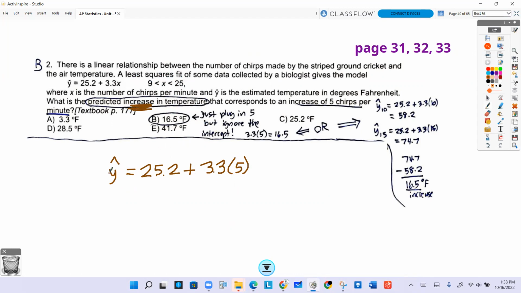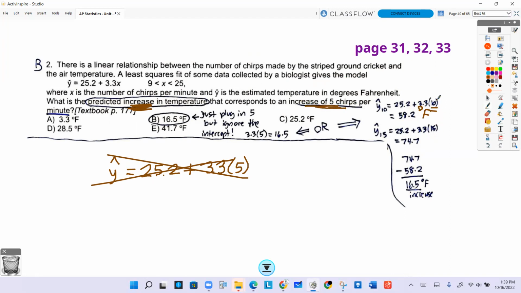In order to do that, I want to think about, all right, let's find a reasonable value to plug in. Let's say maybe 10. If I plug in 10, I'm going to get 58.2. So if I plug in 10 chirps, I get 58.2 degrees Fahrenheit, right? Now, if I increase that 5 chirps per minute, I'm actually going up to 15.